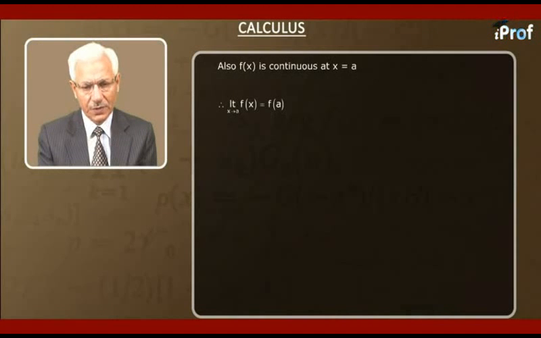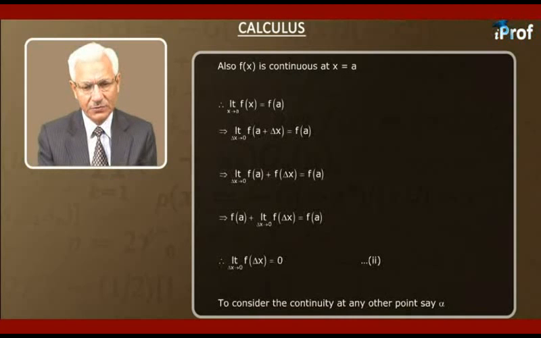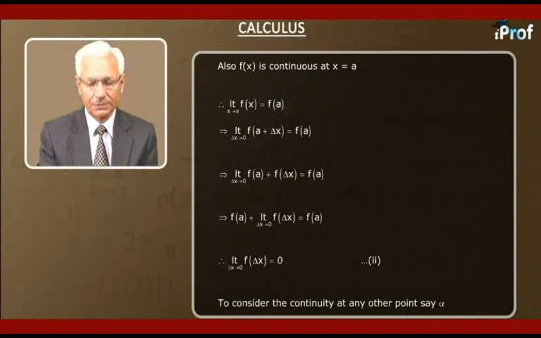Therefore, the limit as x tends to a of f(x) is equal to f(a). Now the limit as delta x tends to 0 of f(a + delta x) is equal to f(a). But f(a + delta x) is equal to f(a) + f(delta x), using the given relation. So the limit as delta x tends to 0 of f(a) + f(delta x) equals f(a). This clearly shows f(a) plus the limit as delta x tends to 0 of f(delta x) is equal to f(a). This shows that the limit as delta x tends to 0 of f(delta x) is equal to 0.